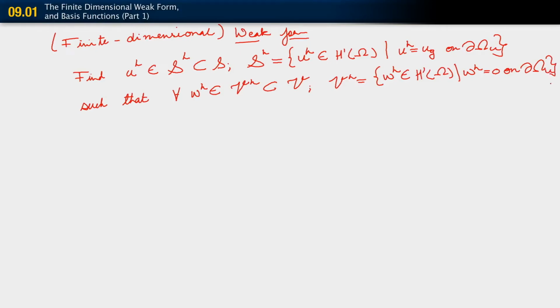Okay, find u^h such that for all w^h of this type the following holds, right? Integral over omega w^h comma i J^h_i.